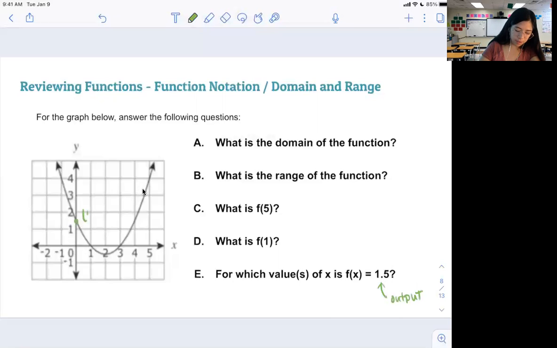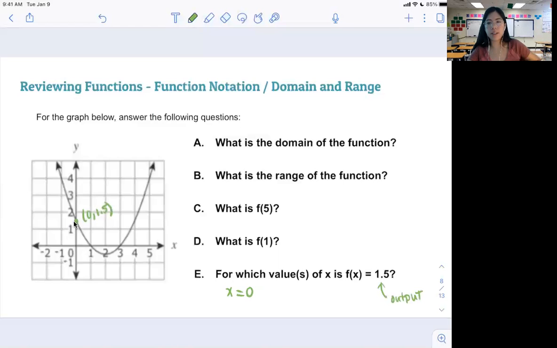Good, this is 0, comma 1.5. So X equals 1.5. However, is that the only input value that gives me 1.5? Oh wait, I should have written X equals 0, my bad. X equals 0. Is that the only place where I'm at the 1.5?